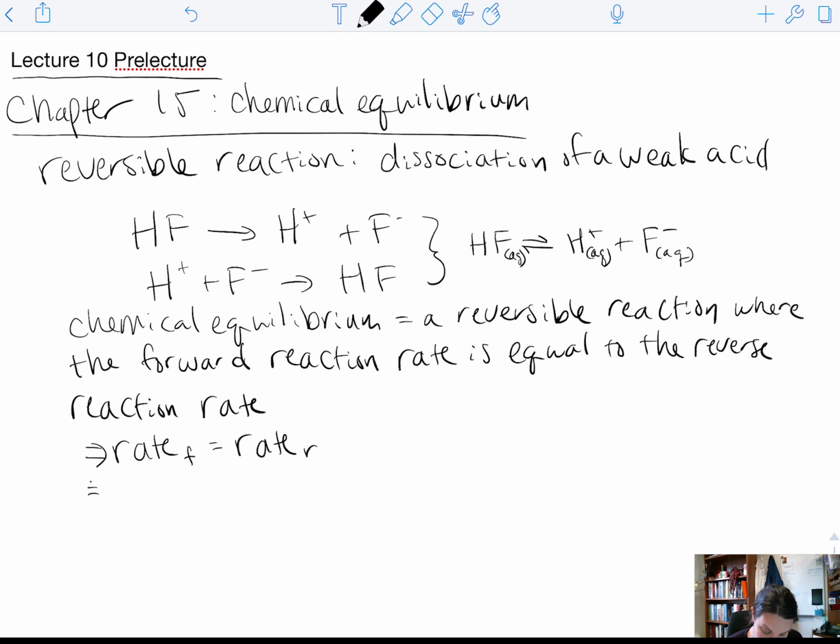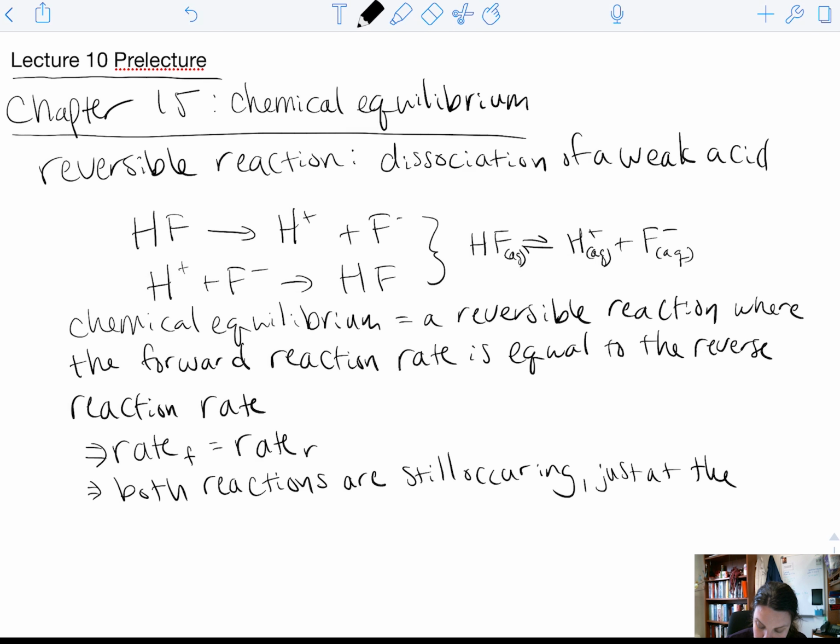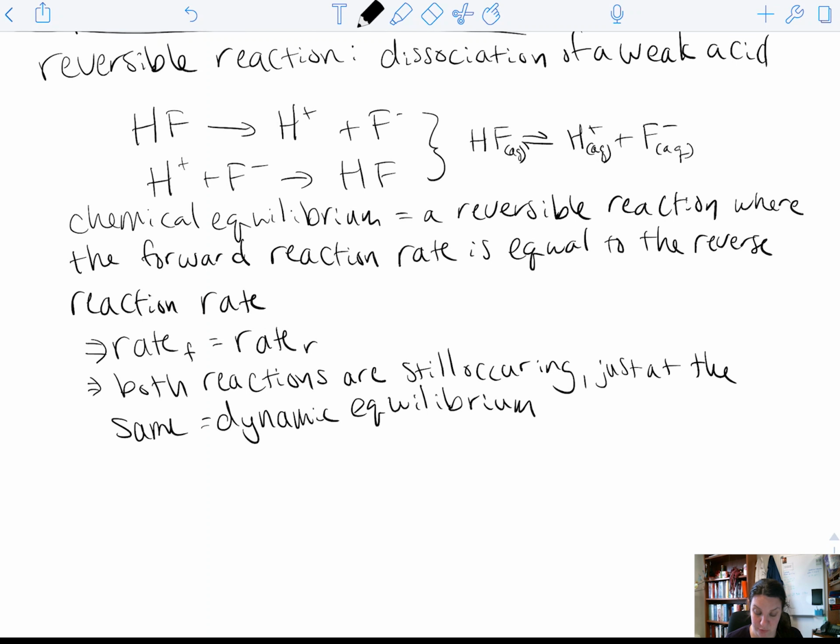And then we could also say, in addition to this, that both reactions are still occurring. So we still have the forward reaction occurring, we still have the reverse reaction occurring. They're just occurring at the same rate. We call this a dynamic equilibrium, because everything's still occurring as it was before.